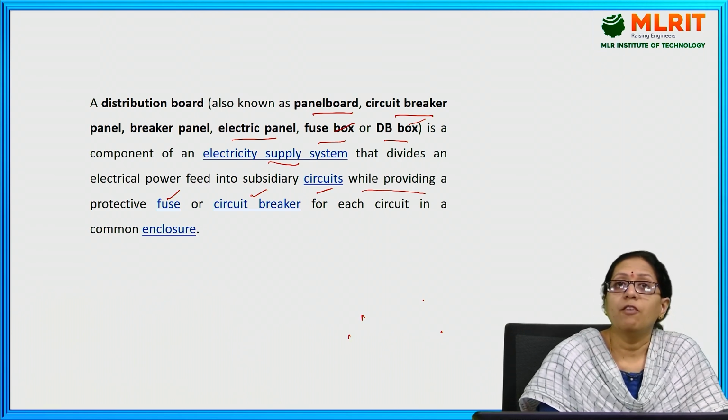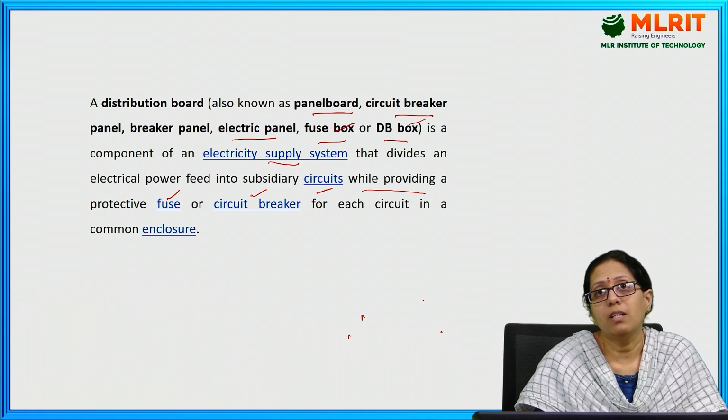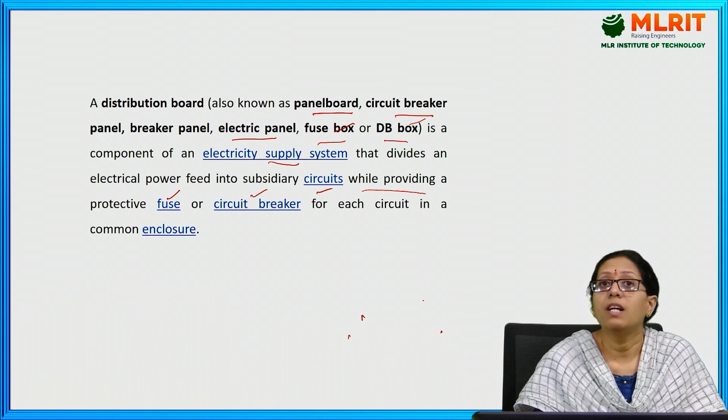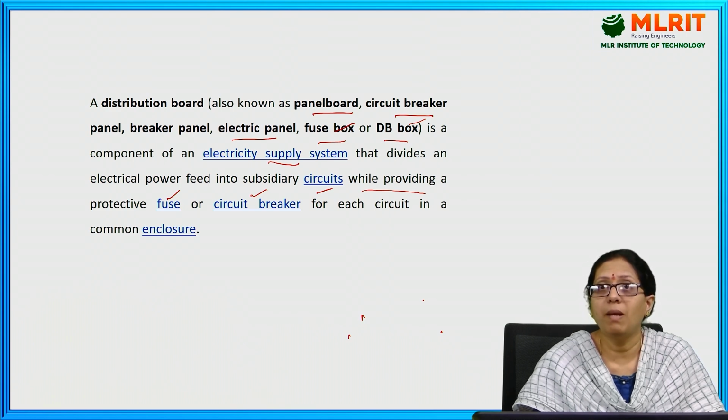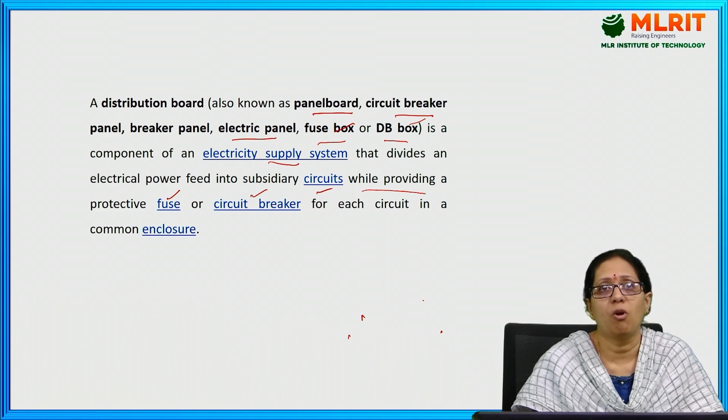Means different fuses and circuit breakers are connected for different circuits, and all these fuses and circuit breakers are enclosed in a common distribution box.